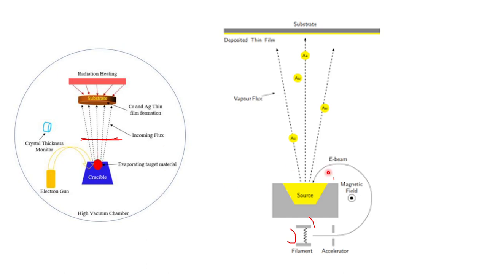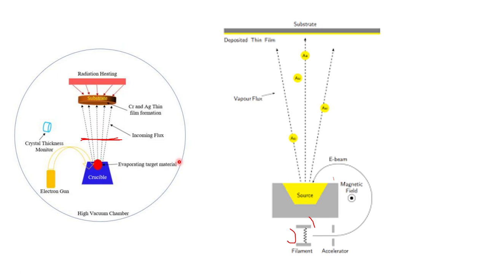But in the case of the electron beam, we can have a crucible with a moderate melting point. We can selectively melt only the source material or the target material that we want to melt.